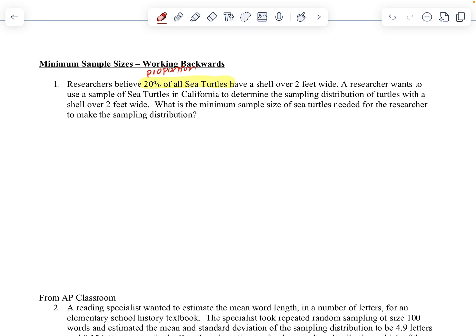And so in this case, we know that the true proportion p is 0.2 from that 20%, right? And it wants to know the minimum sample size that we need. So we need a normal model to be able to make this sampling distribution. And it's a sampling distribution for proportions. So we're talking about the large counts property.